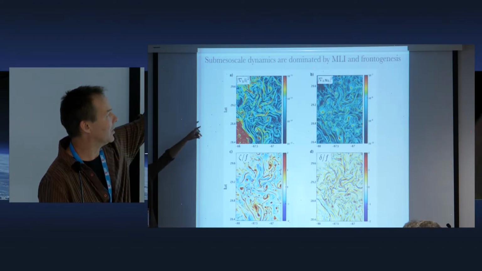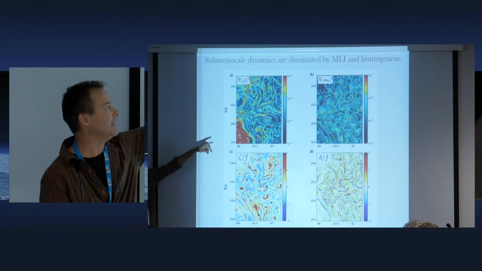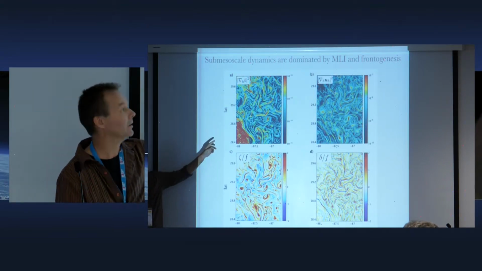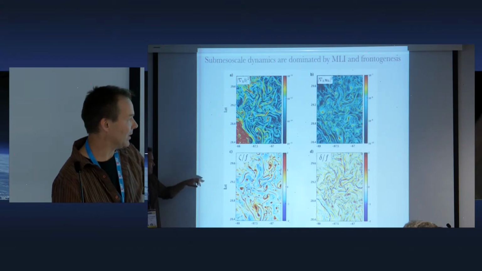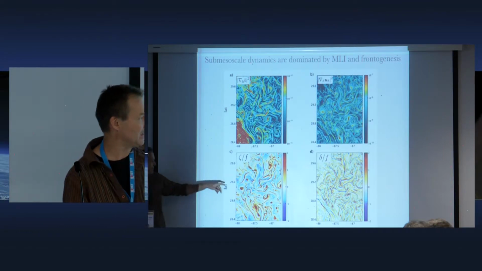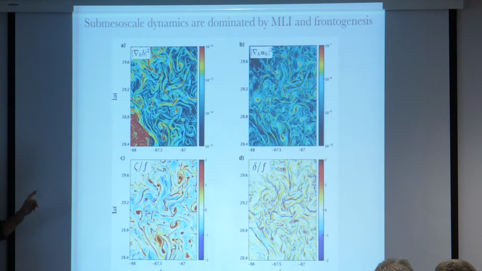On the upper left, you see the gradient of buoyancy, which really just indicates where fronts are. The one on the right is similar gradients for velocity. On the lower left, we have the vorticity. Lower right, we have the divergence. And what this shows is that these structures really do correspond to buoyancy gradients. So these are all frontal or small-scale eddy structures.